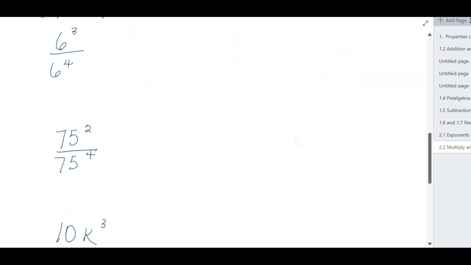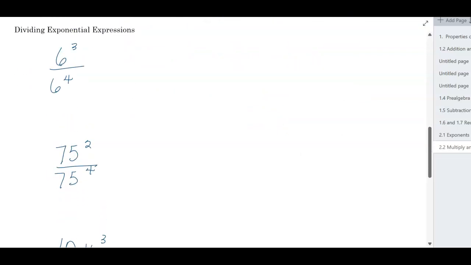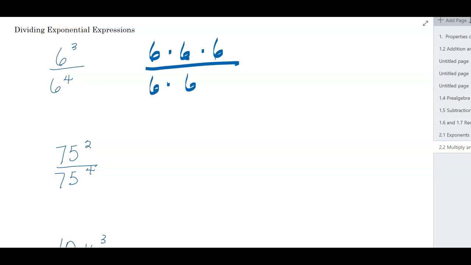Now let's get into dividing. Now dividing, I really like this. If I have 6 to the third over 6 to the fourth, there's 3 of them on the top, there's 4 6s on the bottom, correct? Because they're multiplying and not added, these cancel one another, because 6 over 6 is 1. Your answer is not 6, by the way. You have to preserve the integrity of that numerator.